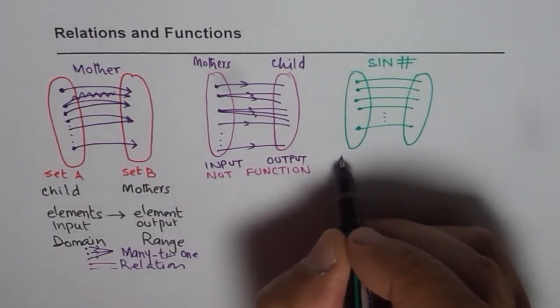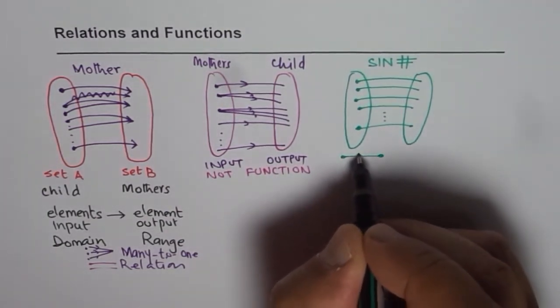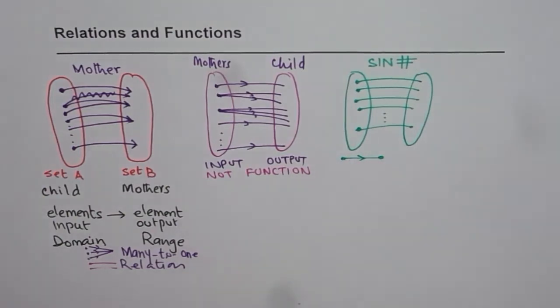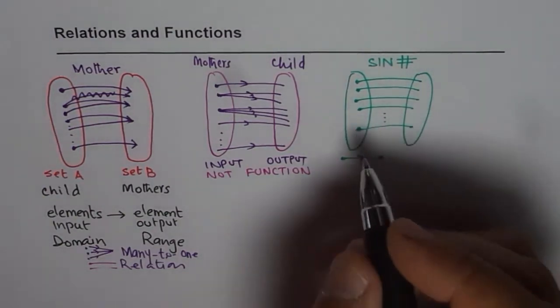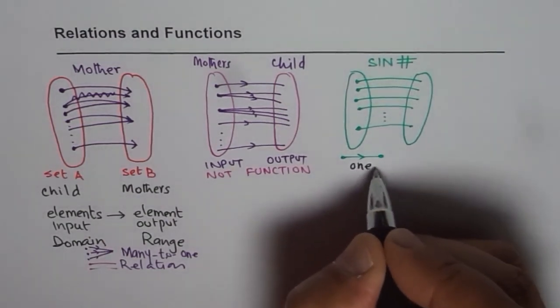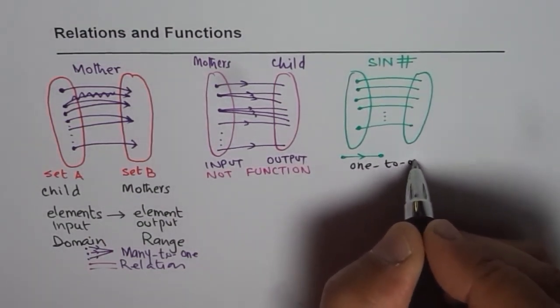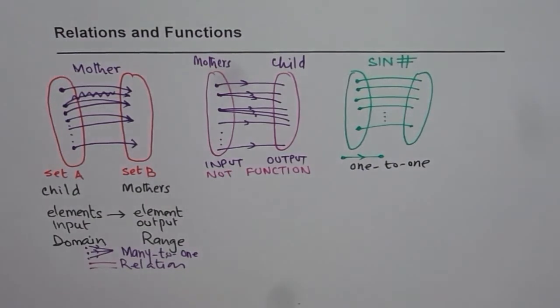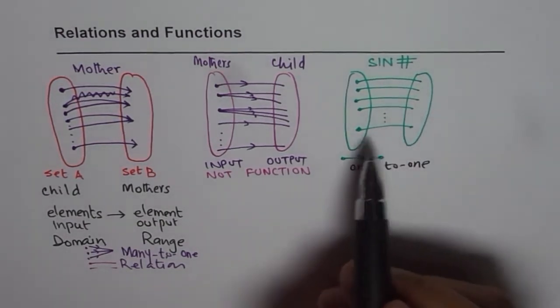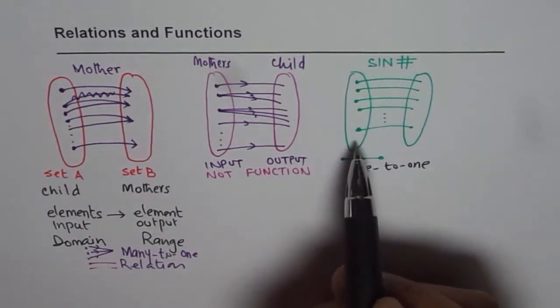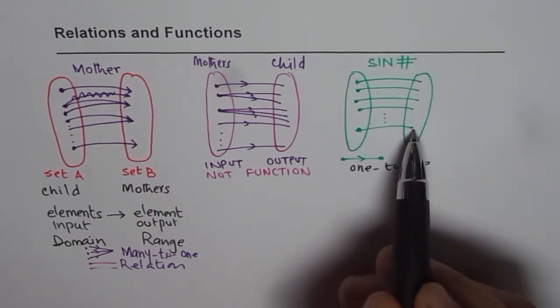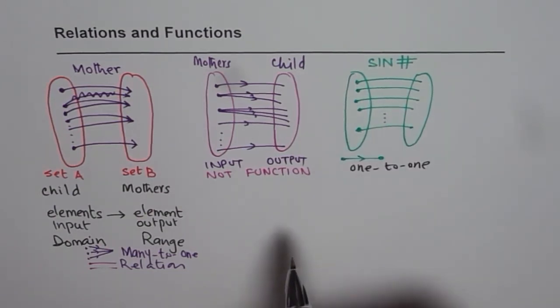So this is a relation in which it is one-to-one, right? This one-to-one relation is also a function, since each and every element in our group of input has a unique association, right?